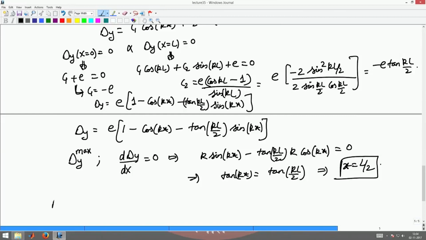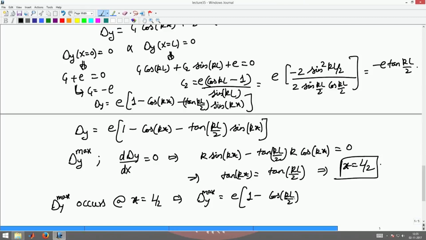So delta y max occurs at x equal to L by 2, and this delta y max then is E times 1 minus cos kL by 2 minus tan kL by 2 into sin kL by 2.